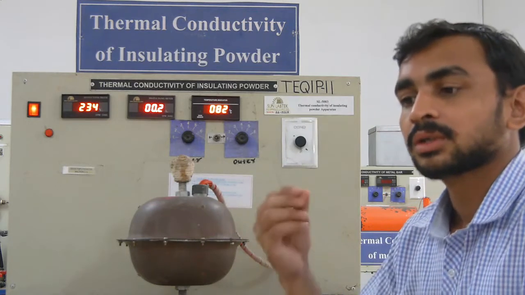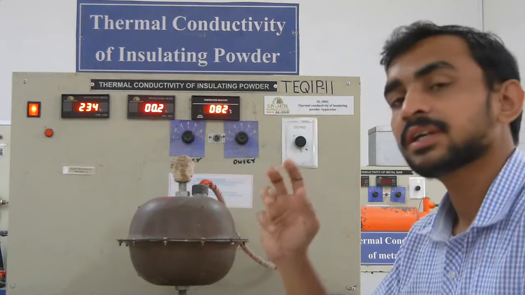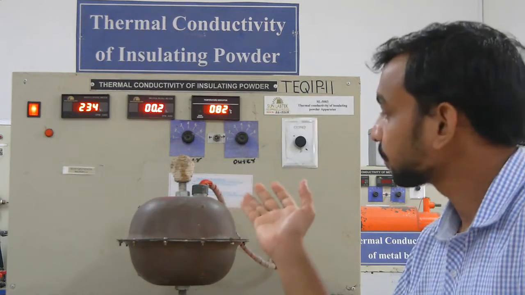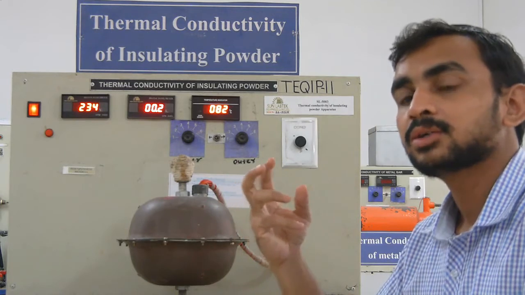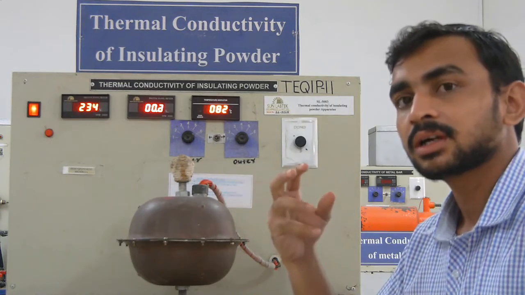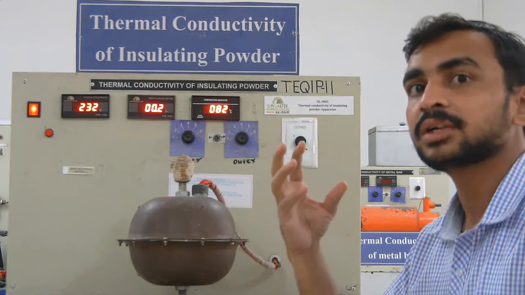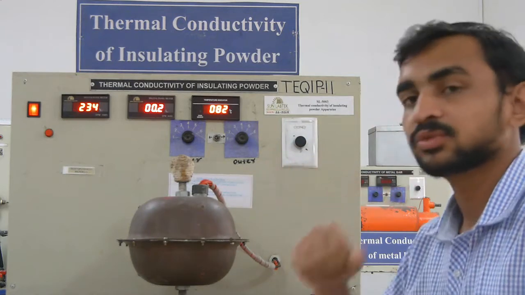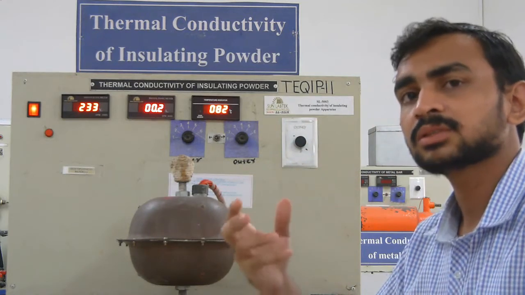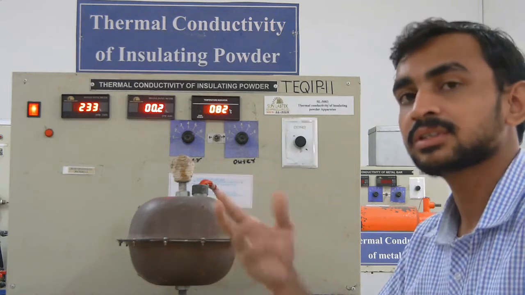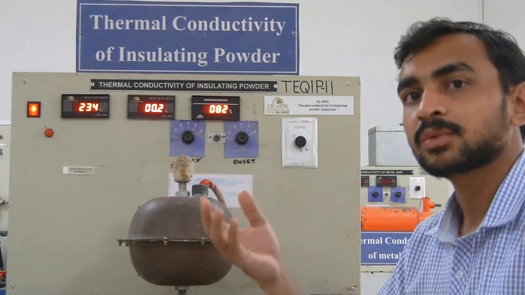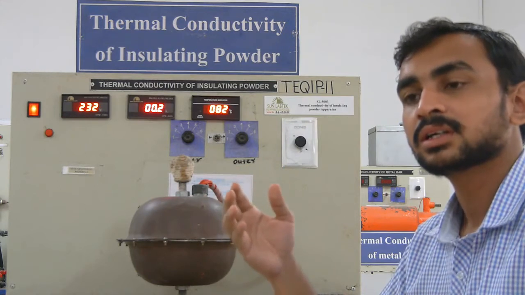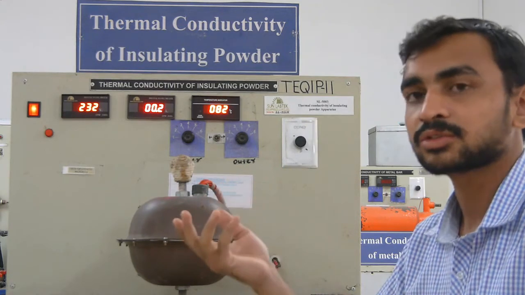When the steady state is achieved in this sphere, the power supply to the heater is completely dissipated into the atmosphere, because in the steady state, temperature or any other property of the material will be constant.